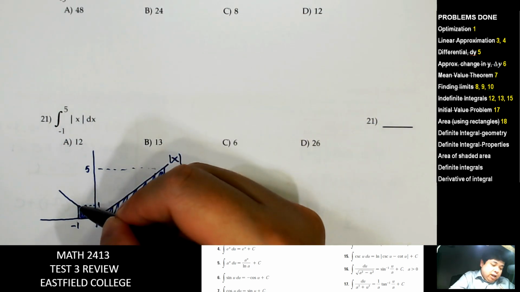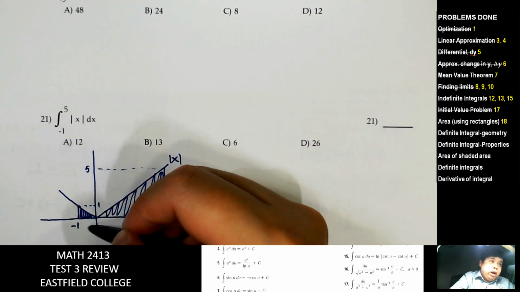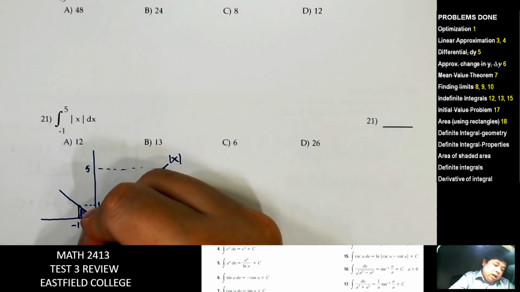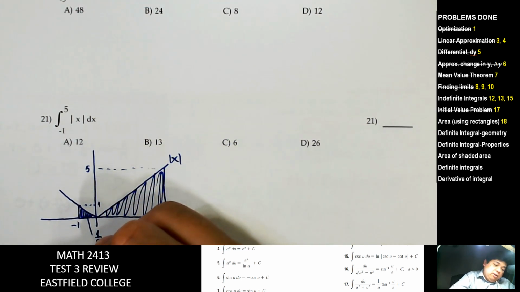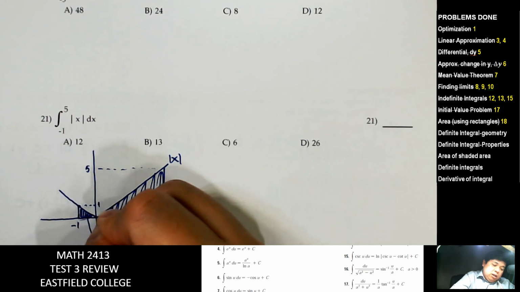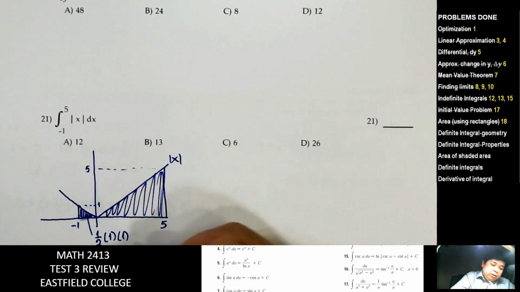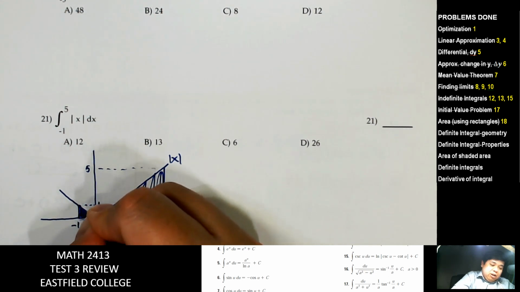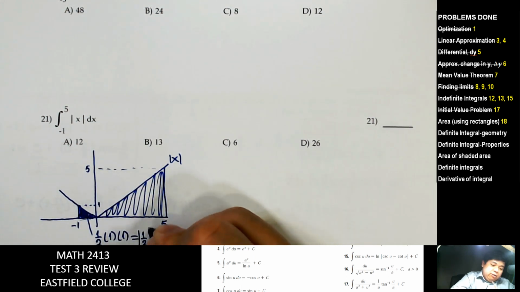So we see that if we want the whole area of the square here, it will be 1 by 1, and this is half of that. So this area is 1/2 base times height, which is 1/2.